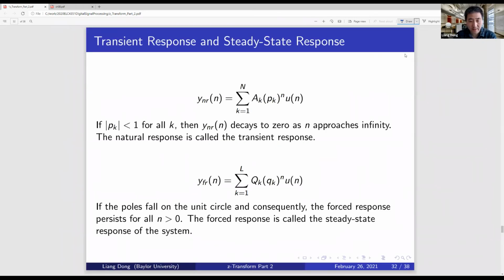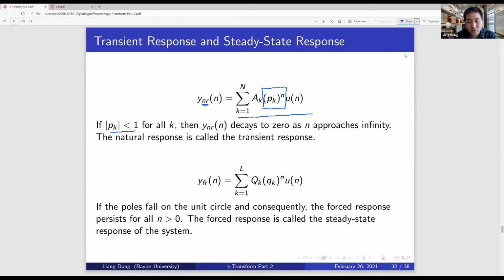So let me write this out again. The first part is the natural response, so that is the sum of all these. If p sub k, all these poles, have absolute value less than 1 for all k, so all these poles are within the unit circle, then if you look at this term, it's to the power n.